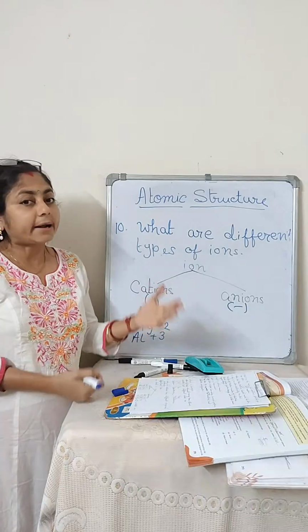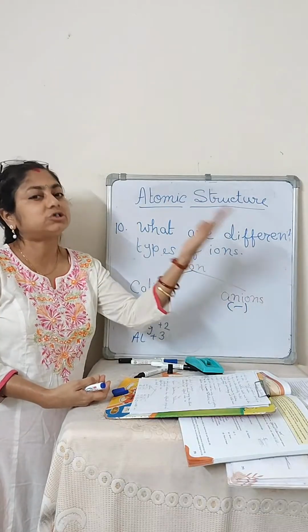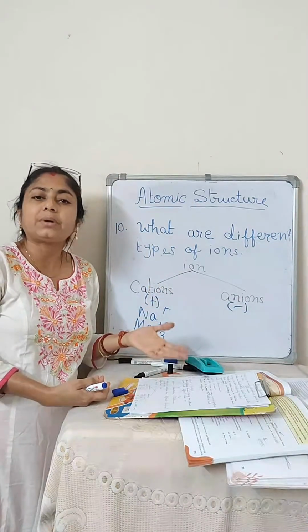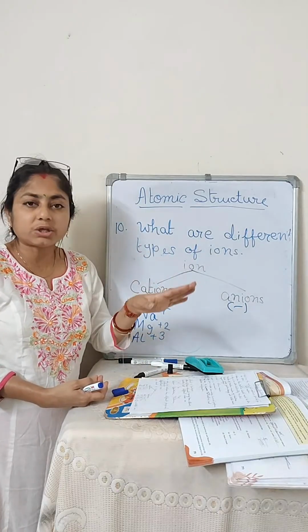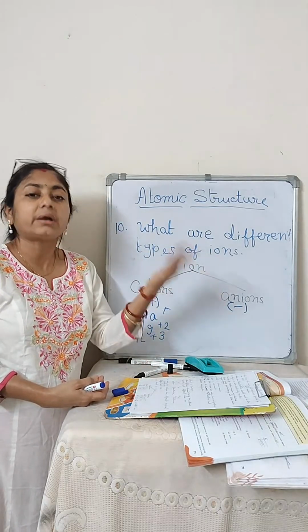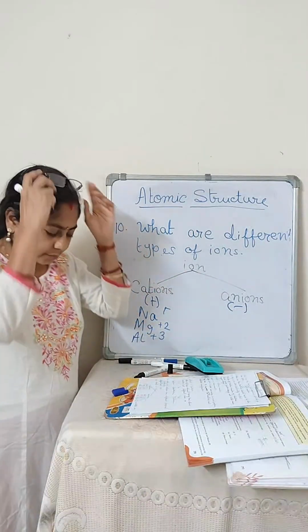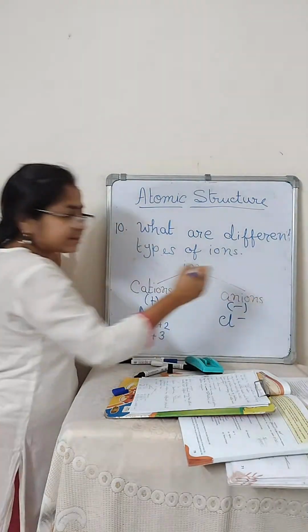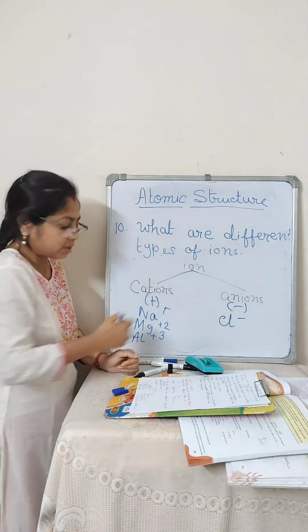Anions are just opposite to cations. In that case, they accept electrons. For that reason, the number of electrons increases. The number of protons is the same, no change, but the number of electrons increases. So it shows a negative charge, means an anion. Like chlorine, minus charge, means 1 electron accepted.